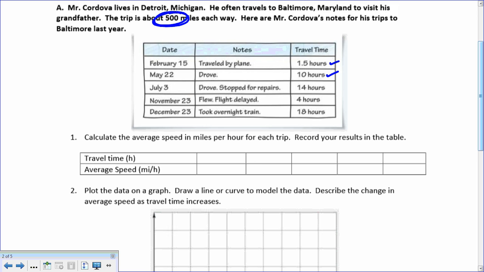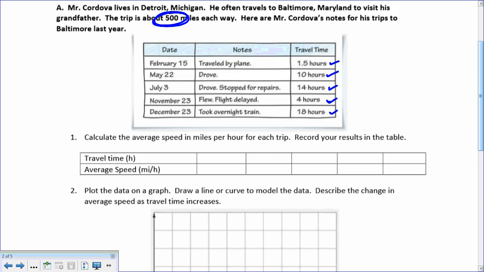He drove and had to stop 14 hours. He flew 4 hours. Flight got delayed, and he took a train 18 hours. So all those are different means of travel. So if we take our travel time and talk about that distance traveled, because that's what we're looking to relate it to.